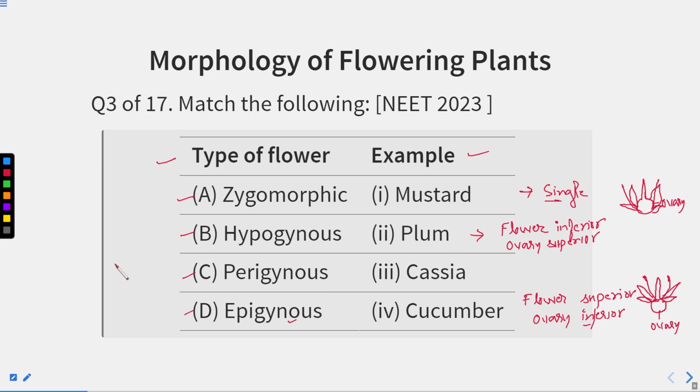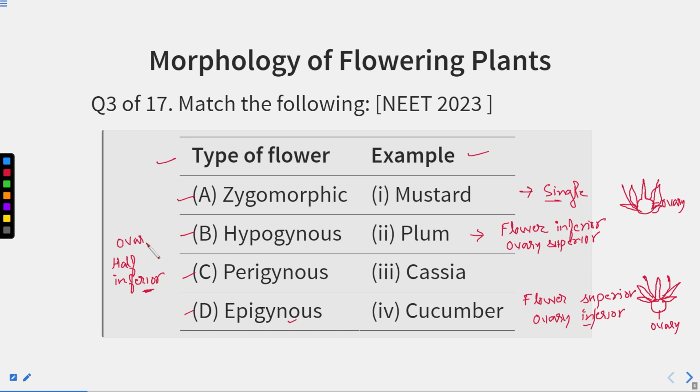Here the ovary is half inferior. In this, what happens? The base of the sepals, petals and stamens fuse with each other to form a hypanthium. Alright. So this is known as perigynous. Here the ovary is half inferior.